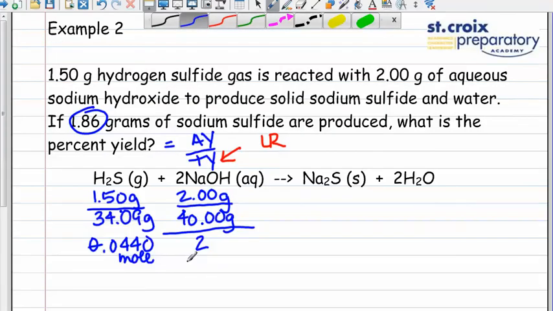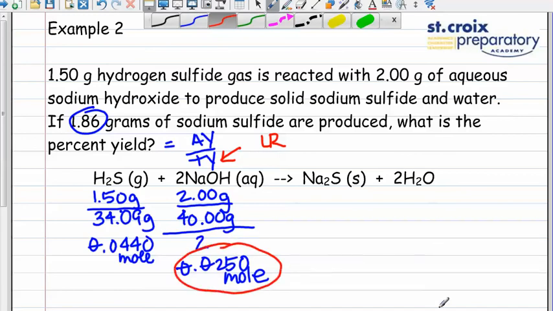And you're going to end up with 0.0250 moles of sodium hydroxide. Now looking at these two numbers, we can just compare them and figure out which one is smallest, and that's going to be our limiting reagent. And as you can see, that is the sodium hydroxide.